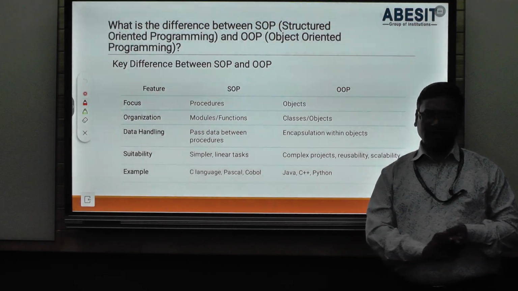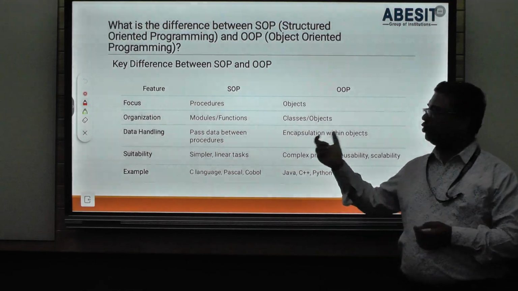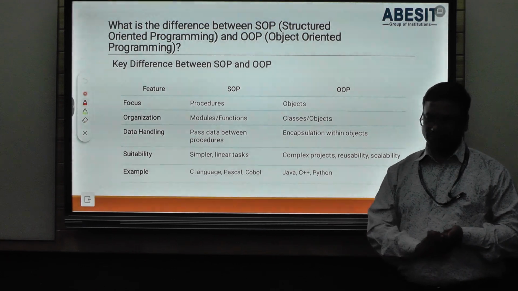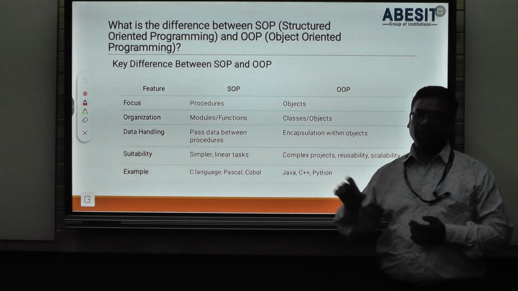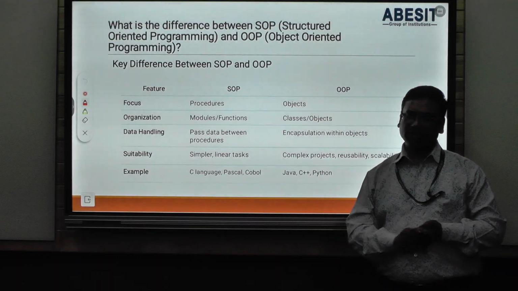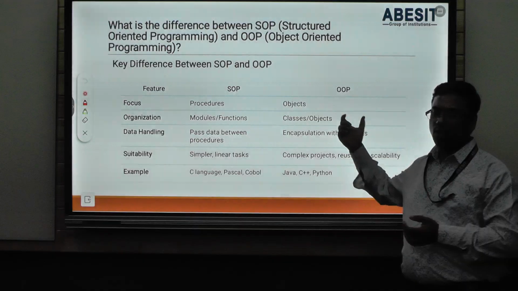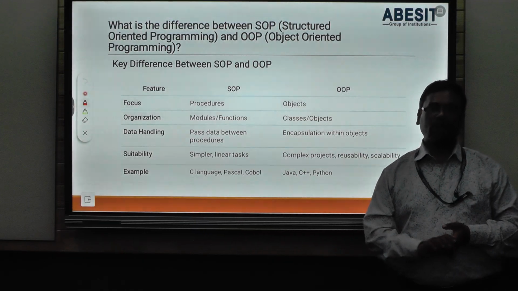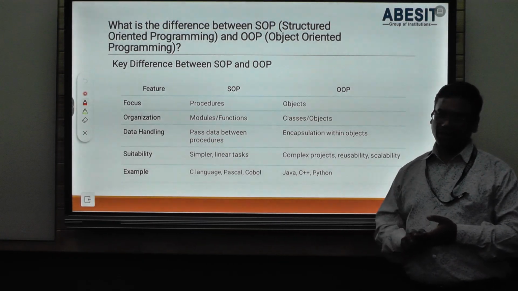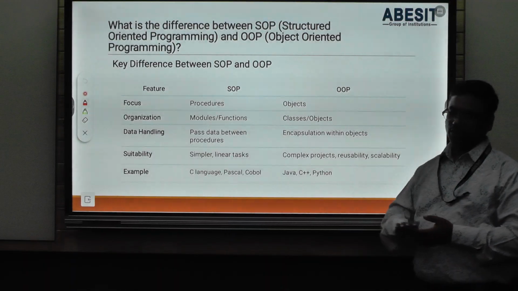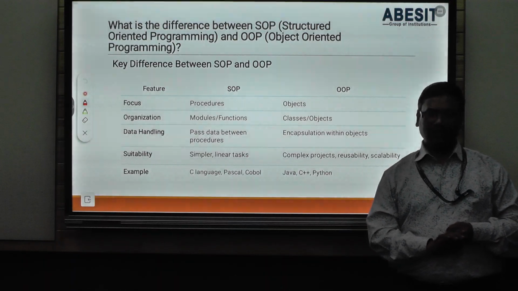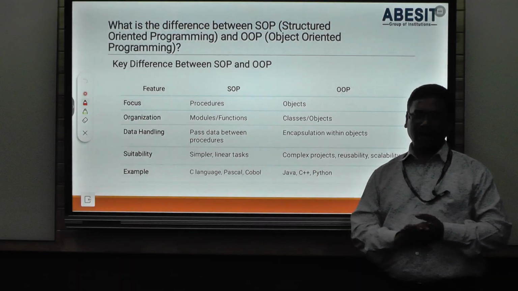Next is organization. SOP uses modules and functions that perform specific actions, while OOP uses classes for code organization, which are the blueprint for creating the objects.